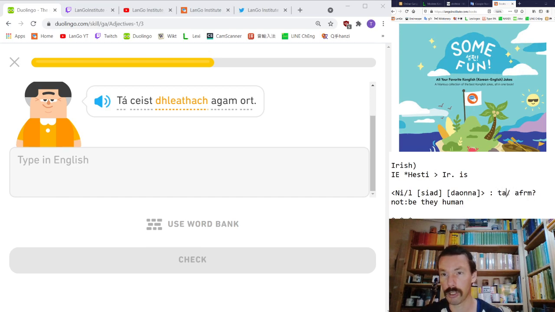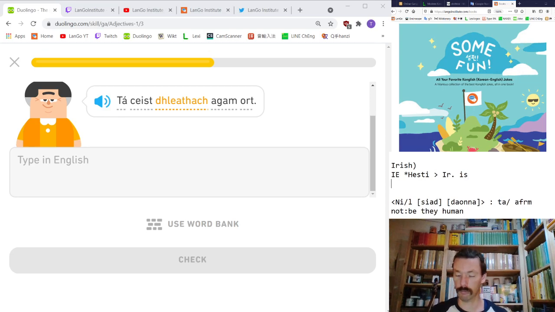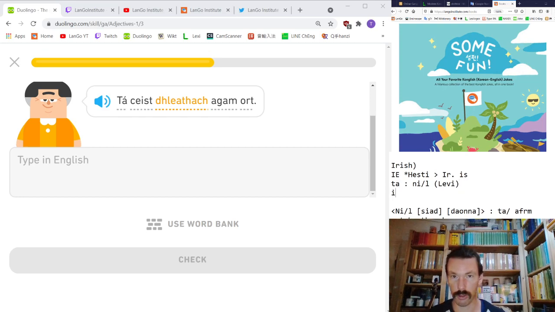Can't use the slashes because I'm using this slash for the length mark, the acute. Affirmative ta. Ni ta. And is takes ni.